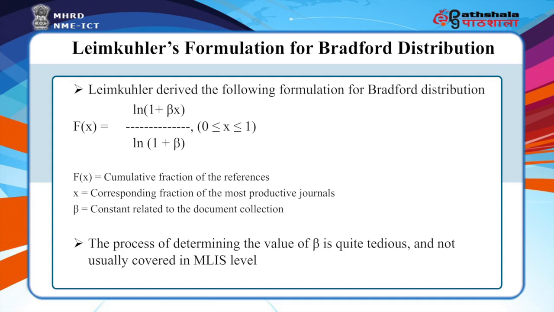F(x) = log(1 + βx) divided by log(1 + β), where 0 is less than or equal to x, which is less than or equal to 1. In the equation, F(x) stands for the cumulative fraction of the references, x for the corresponding fraction of the most productive journals, and beta is a constant related to the document collection.